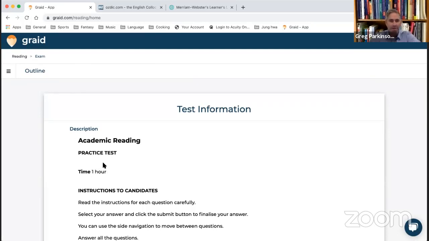Last time I mentioned that you have 1 hour for the test on the test day. That also includes transferring your answers from the question paper to the answer paper. A little different from the listening test, for example. Don't get tripped up by that. I've heard some horror stories about people scribbling all their answers on the answer sheet in the last 2 minutes. So you want to avoid that.